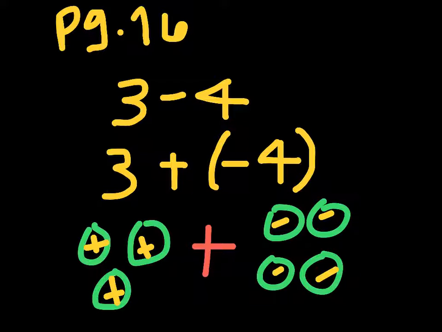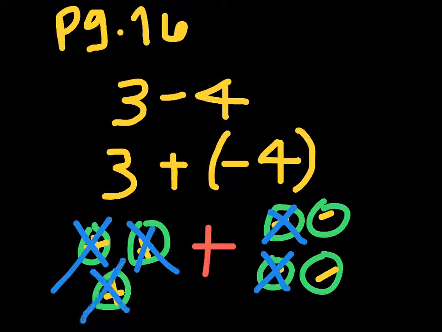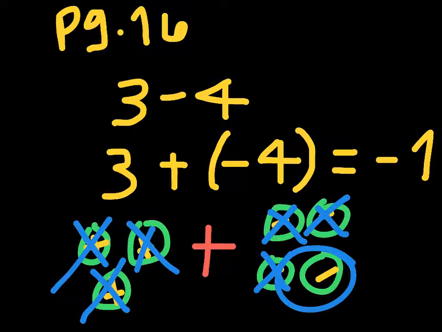So, 1 positive, 1 negative, 1 positive, 1 negative, 1 positive, and 1 negative. What is left? 1. So 3 plus negative 4 equals negative 1 because this one was a negative counter.